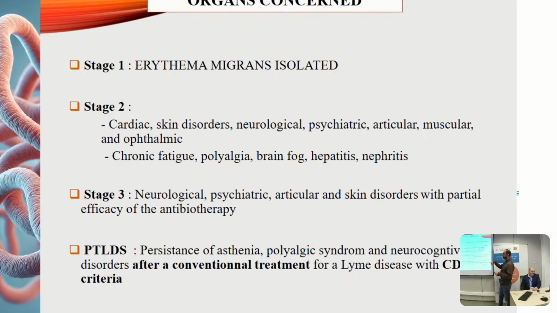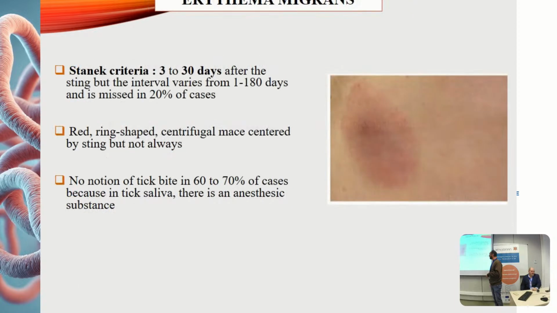And when someone gets treatment as the recommendations propose, there is, in many cases, persistence of symptoms, as described like this. And they also put, in fact, that there is a post-infectious disease and not a persistent disease.